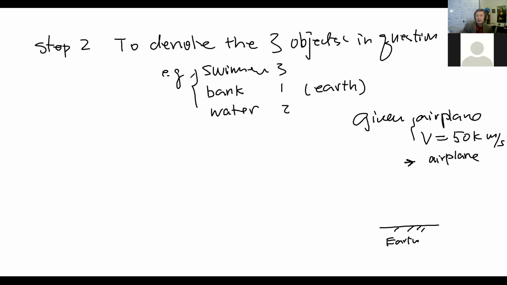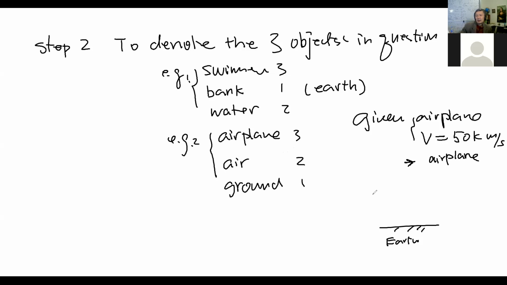So this is example one. This is very important. Example two, because airplane. Sometimes we need to summarize, so it could be air. The air is moving, and the water is moving, and that is the ground or Earth. Because you have to also put it 3, 2, 1.